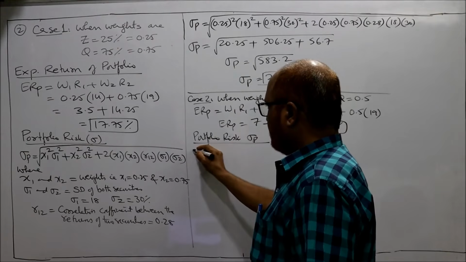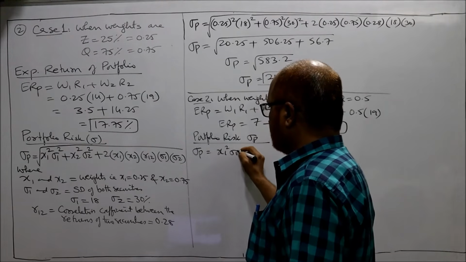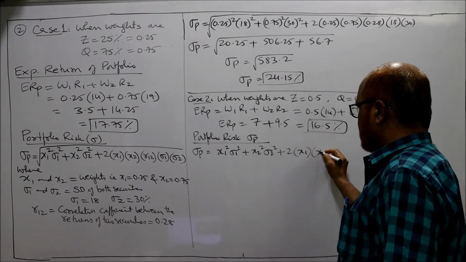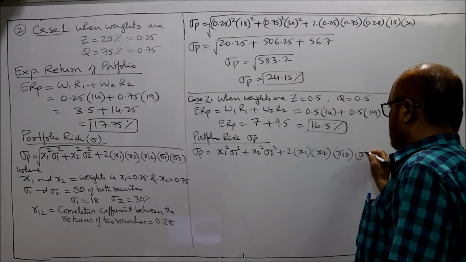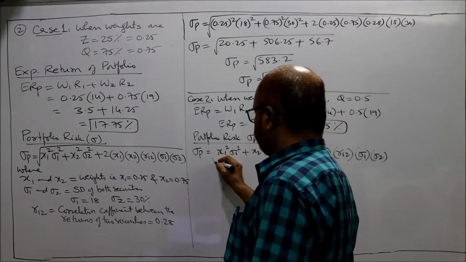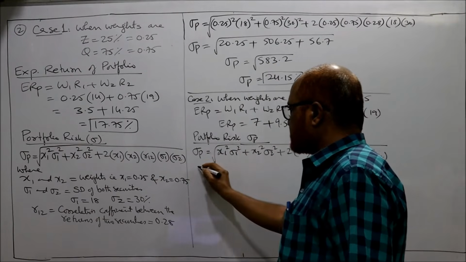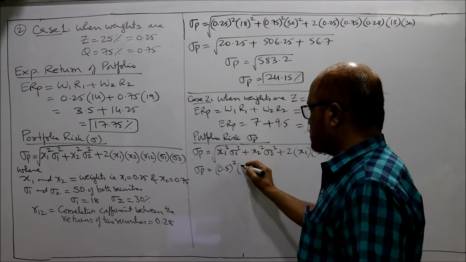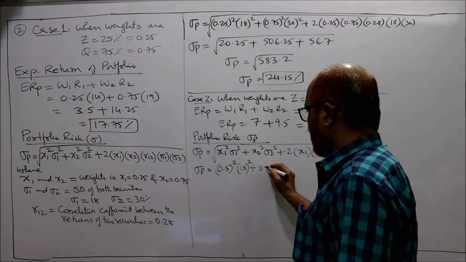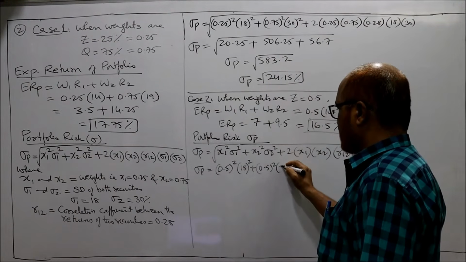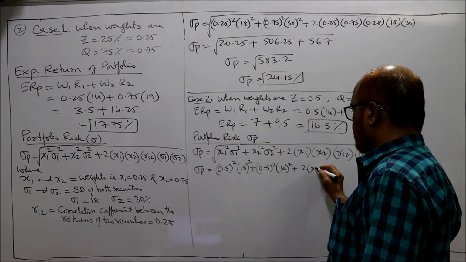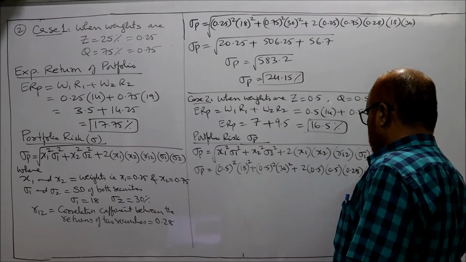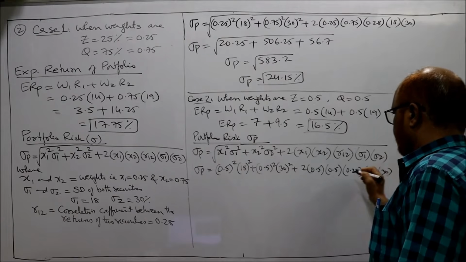Now portfolio risk, sigma P. Again the formula: x1 square sigma 1 square plus x2 square sigma 2 square plus 2 into x1 into x2 into r12 into sigma 1 into sigma 2, under root. Now we substitute the values. Sigma P is equal to 0.5 square into 18 square plus 0.5 square into 30 square plus 2 into 0.5 into 0.5 into 0.28 into 18 into 30, under root.